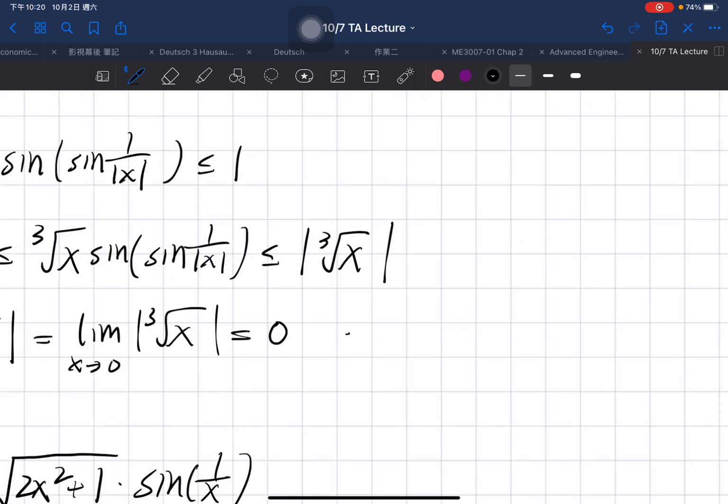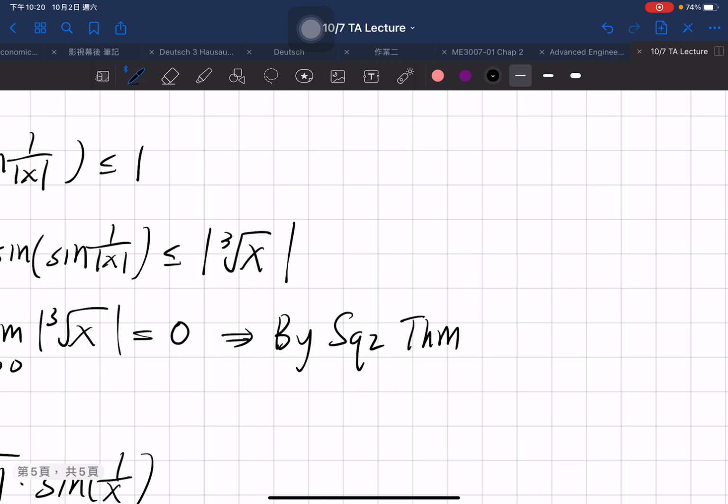So by squeeze theorem. Let me mention that in the test or in your homework, I hope you add the words by squeeze theorem, because in the final exam we want to know what you applied, and I want to know if you know how to use this theorem and when to use it. Okay, so you need to write this down in the final exam.